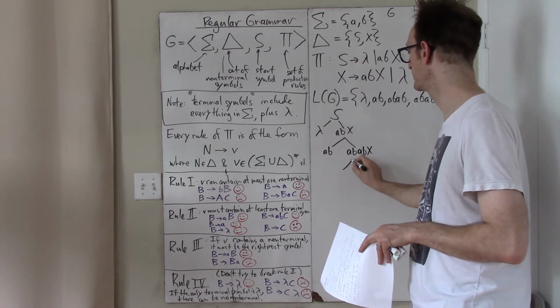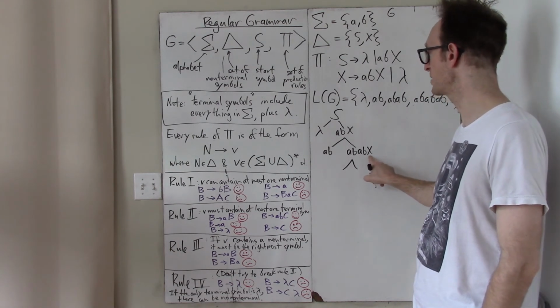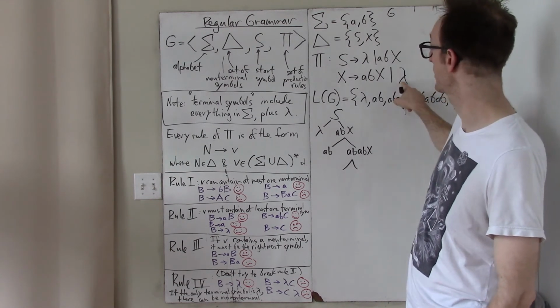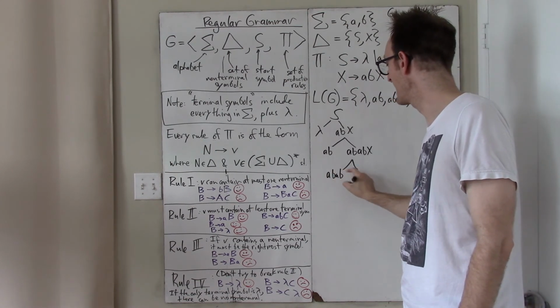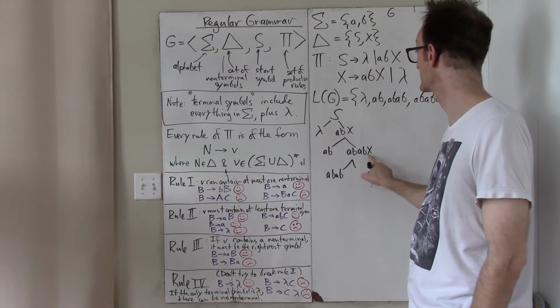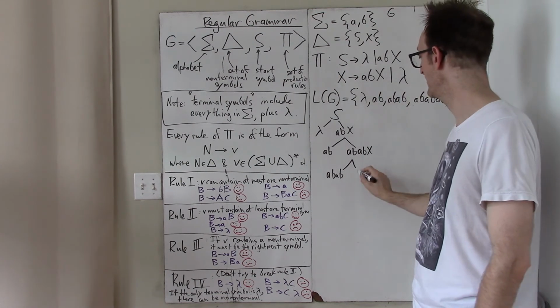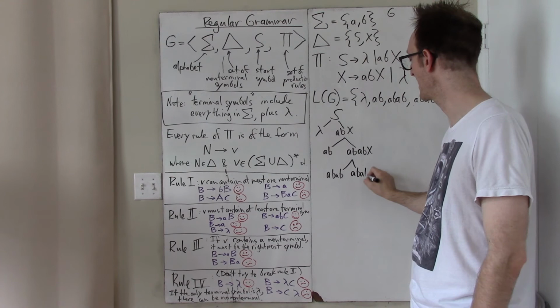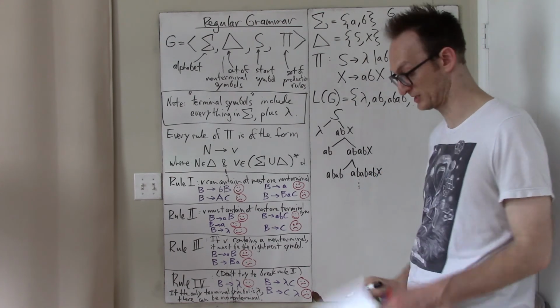Okay, I think you sort of get this now. Then, of course, what can I do with this X? I have two options. I can replace it with lambda, in which case the entire string just becomes ABAB, or I can follow this first rule, in which case this becomes ABABABX, and then this is just going to continue.